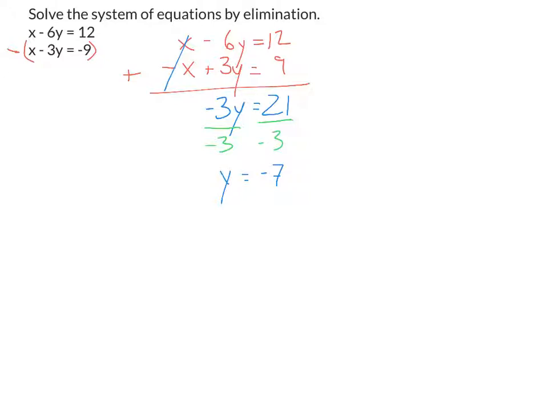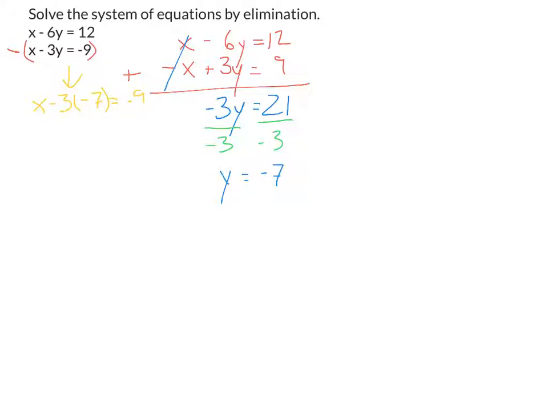So once again, let's plug in one of our values in order to find the x value, into one of our equations, excuse me. So I'll use the bottom equation this time. And so I have x minus 3 times, and instead of y we have negative 7 now, equals negative 9.